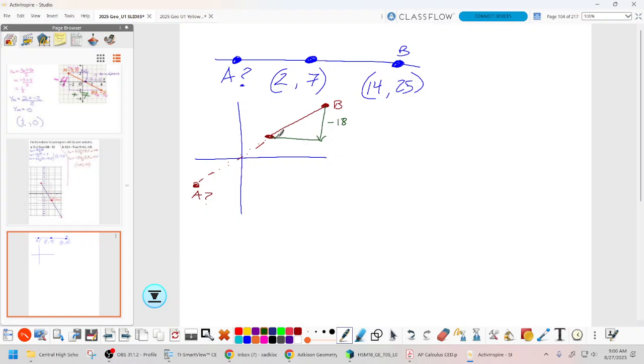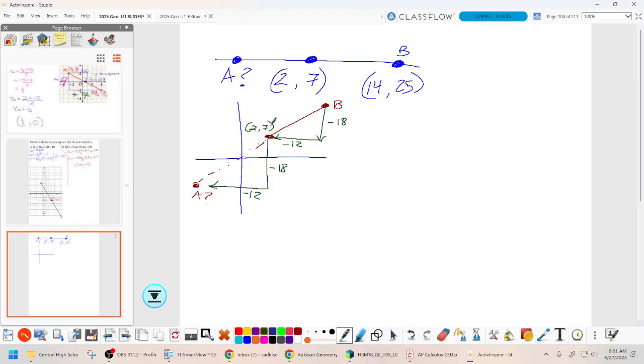And then over, this time to the left, because sign is huge if you're going to do this method. You got to keep track of sign. So from 14 down to 2 is 12 to the left, right? So down and left. So we've got to do that same thing. We've got to go down 18 more and left 12 to get to the other end. Otherwise, we're not in the middle. And sometimes it's helpful if you put this here.